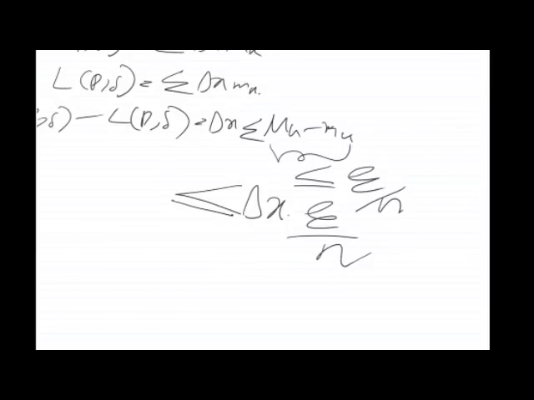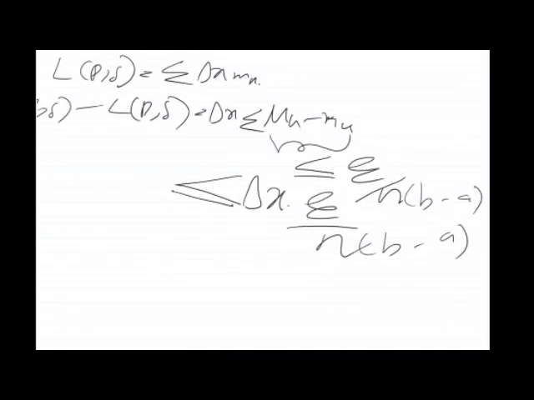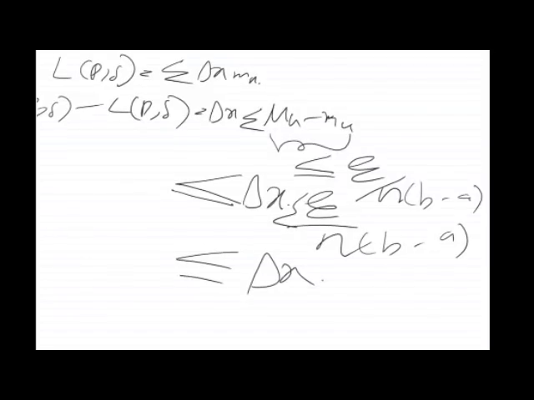So this value should be less than b minus a, and we can take that this value is less than delta x over b minus a, multiplied by n, because this is constant, and epsilon.